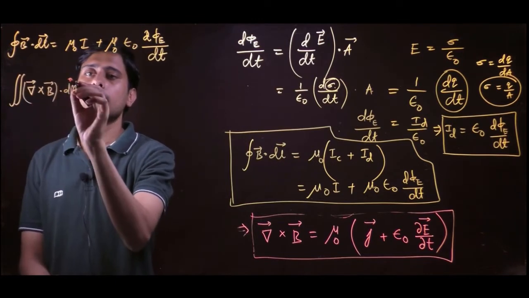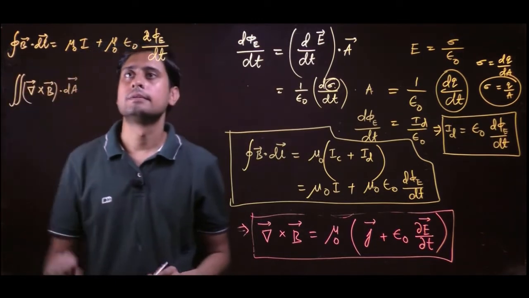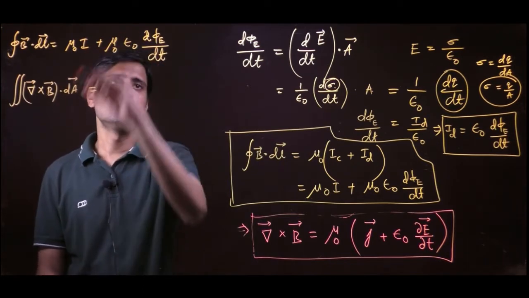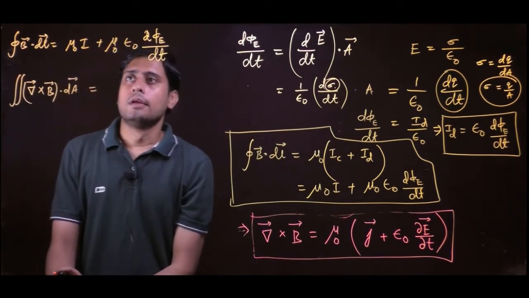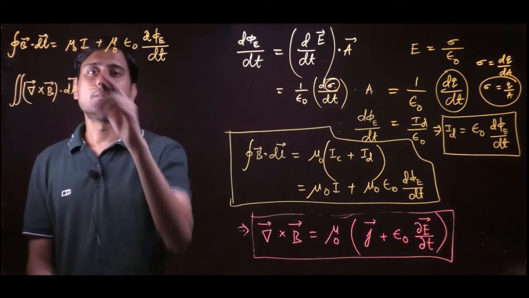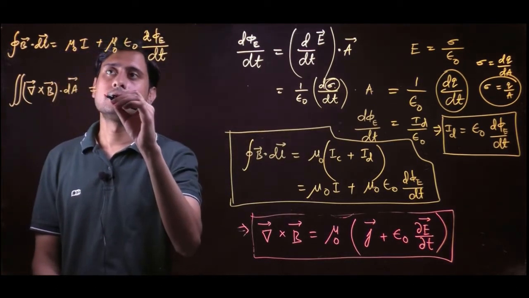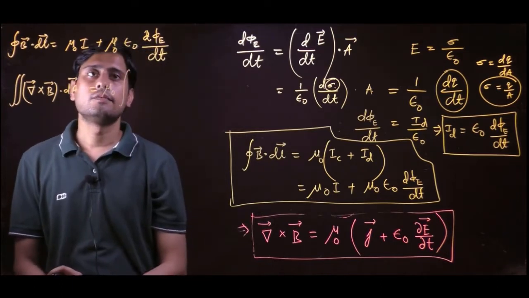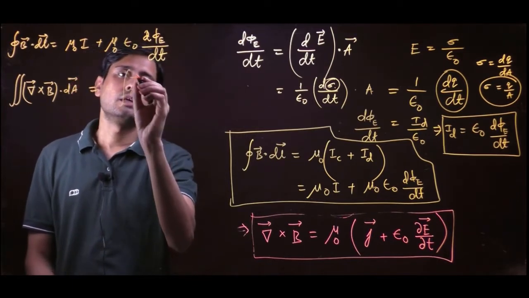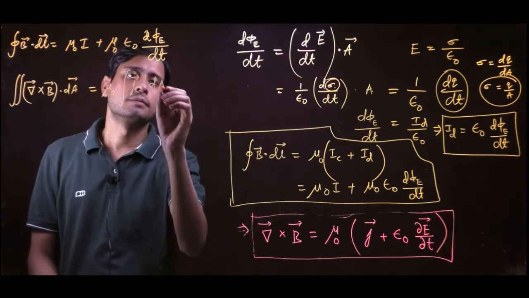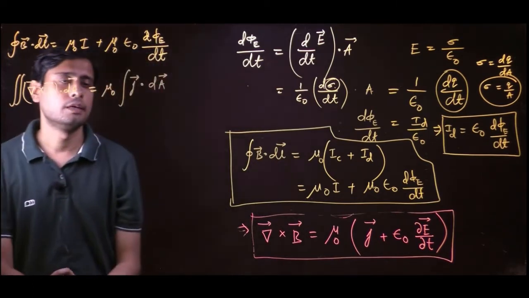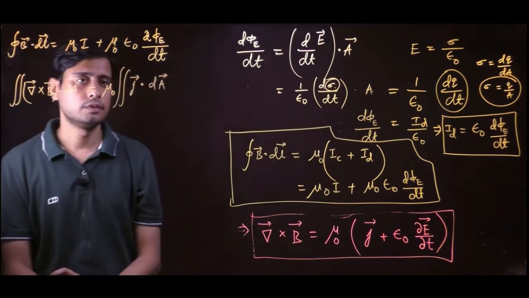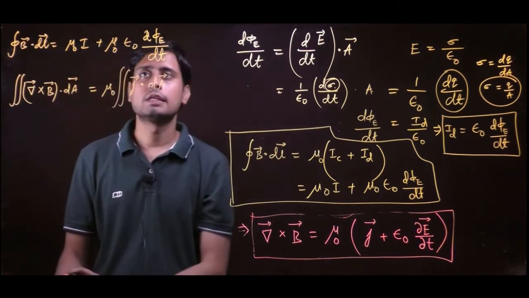In this way you have converted the left hand side. Now for the right hand side you have to find these two terms. For the I term you will write mu naught times the integration of j dot dA. By definition I equals j dot dA. So this is the surface integral.